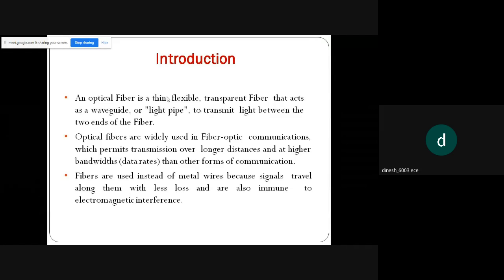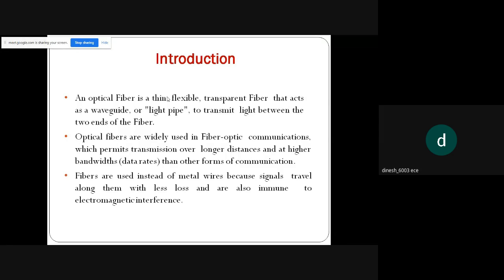Flexible: when you bend the fiber, it will bend; when you push, it will get pushed; when you pull, it will get pulled. Transparent means that when you transmit a light signal at one end of the fiber, at the other end it will come out as it is, without any absorption.